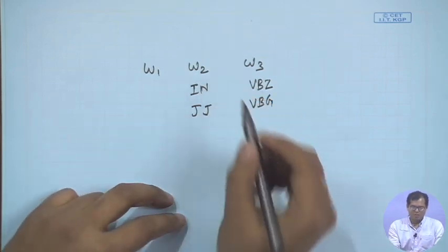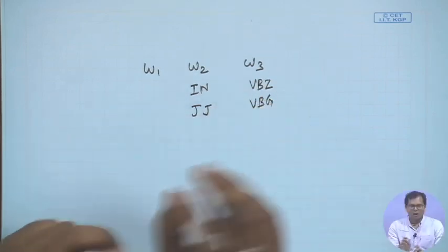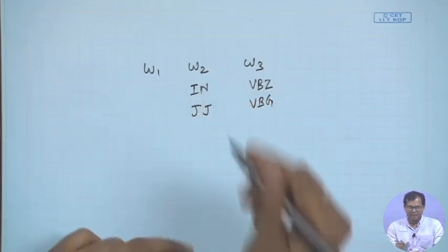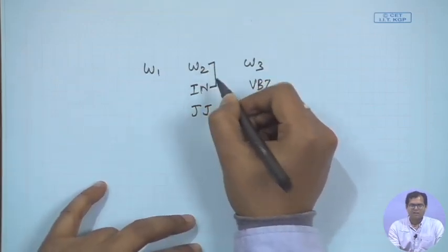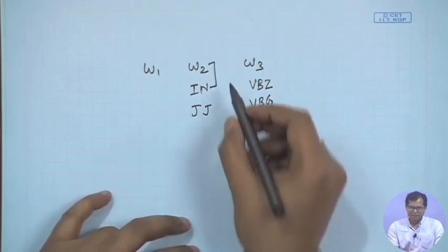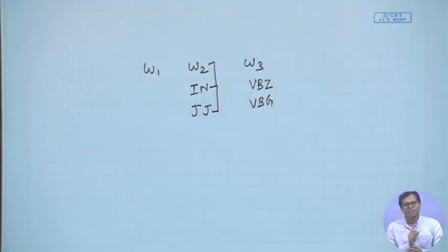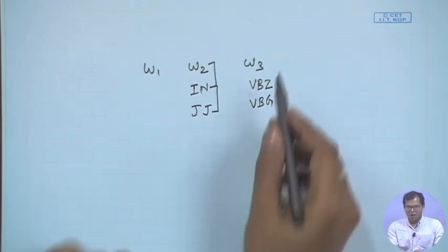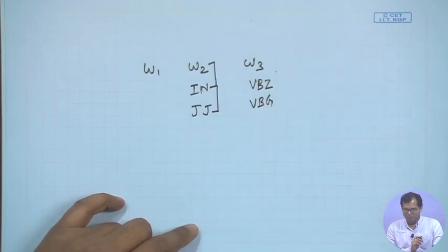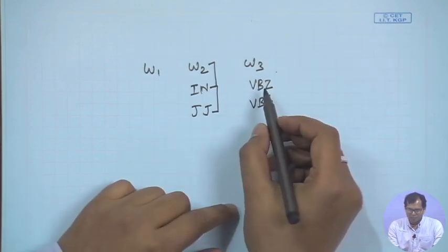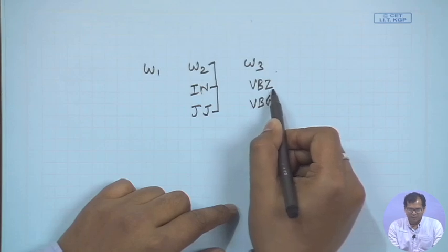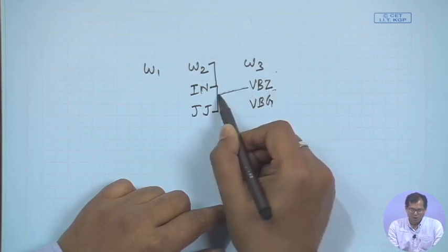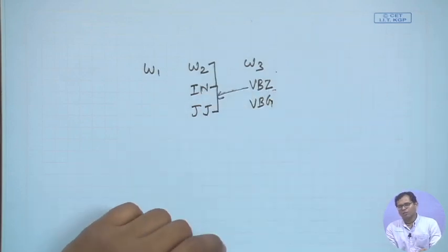Now suppose by using this algorithm, doing it independently, you found out that for W2, IN gives some probability and JJ gives some probability. Now in W3, what would happen? Some of the features might depend on the previously assigned tag. So for VBZ, you might want to use what is the tag assigned to the previous word.